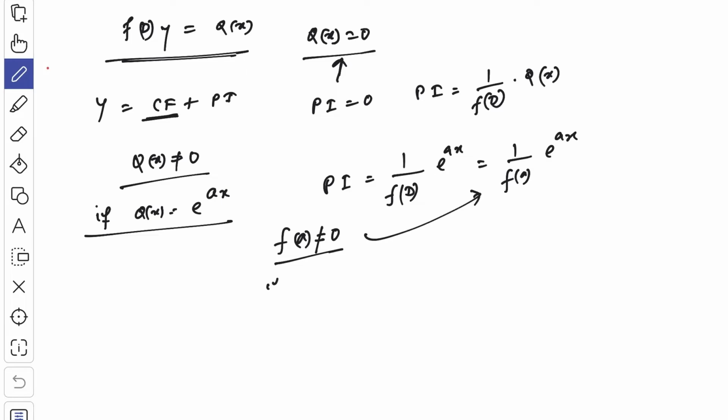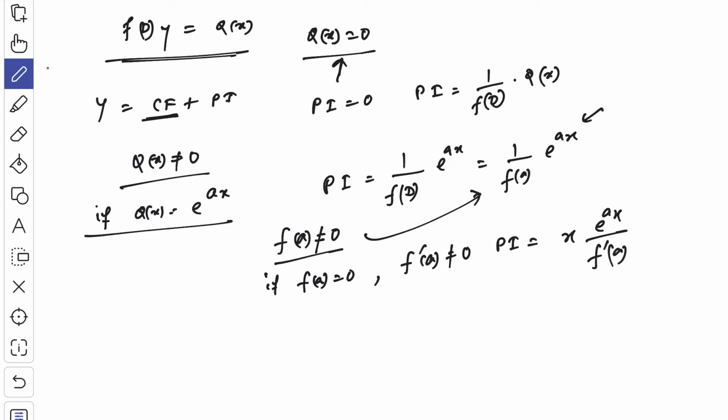Now if f(a) is equal to 0 and f dash of a is not equal to 0, then you have to differentiate this first. Here x e to the power ax by f dash of a, that should be our PI.